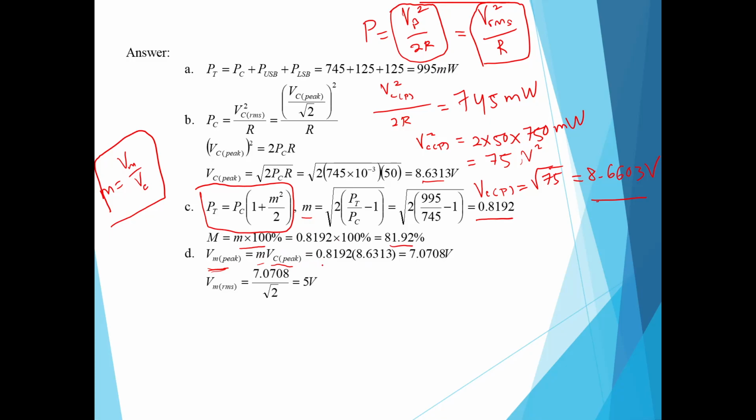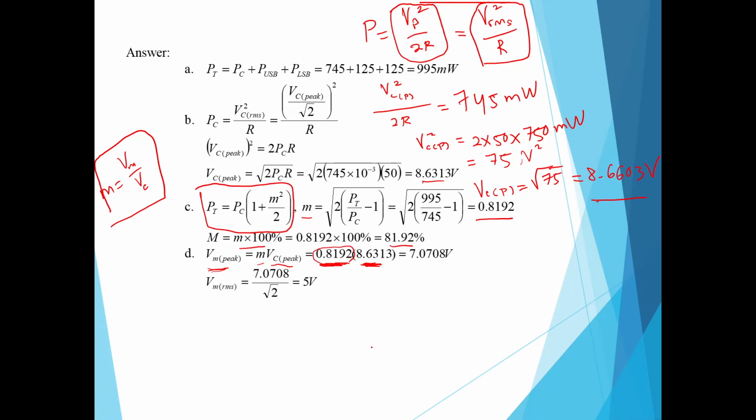So we have 0.8192 from the modulation index, and this is the carrier, previously 8.6603. So no problem, if you get 8.6603, you just need to multiply it by the value of the modulation index.